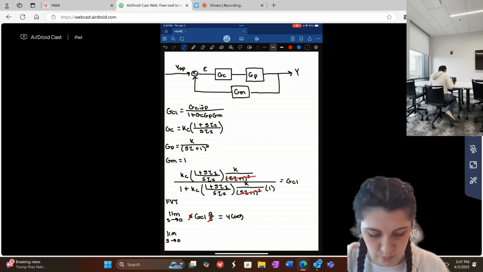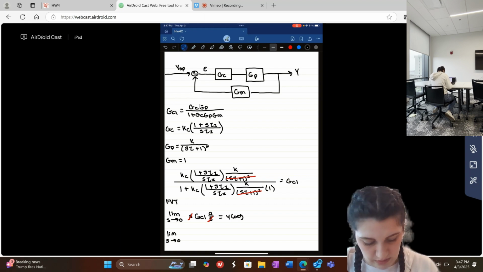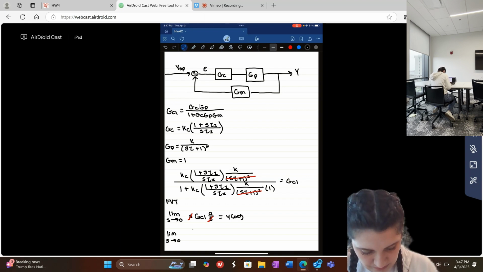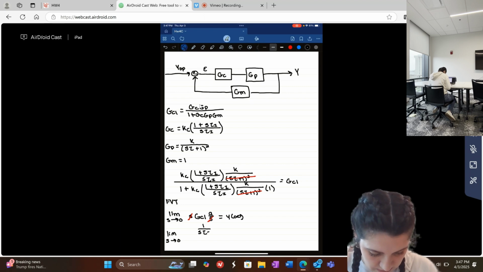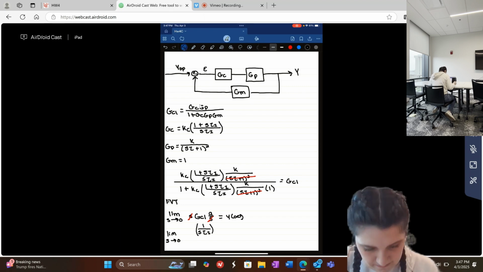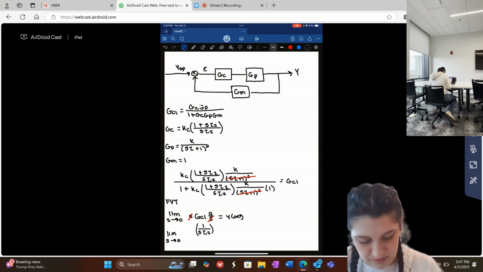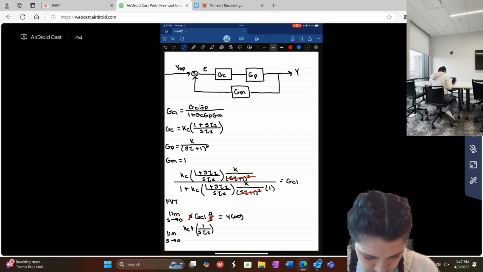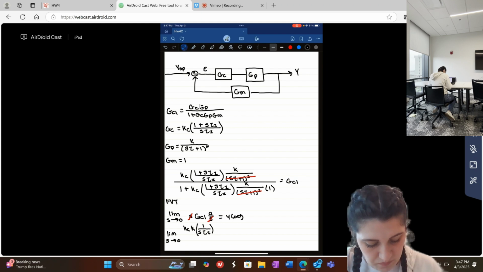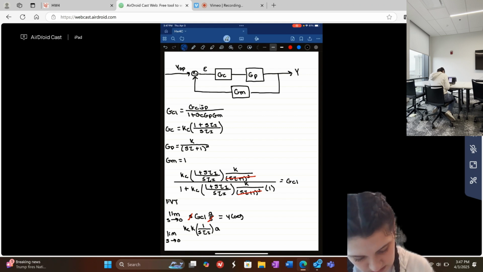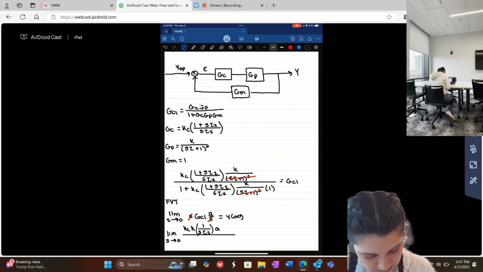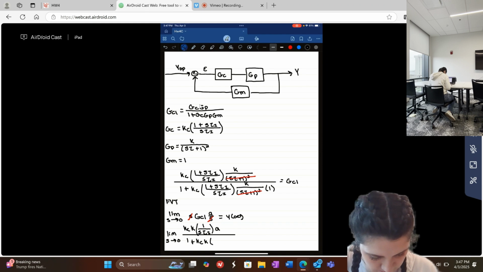And then the other ones, what we're going to end up with is 1 over S tau I. And now we still have KC, K, and A. And then in the denominator, we have 1 plus KC, K times 1 over S tau I.